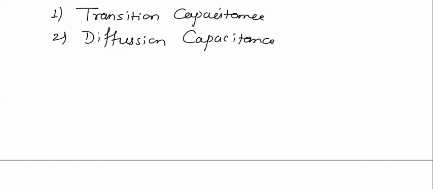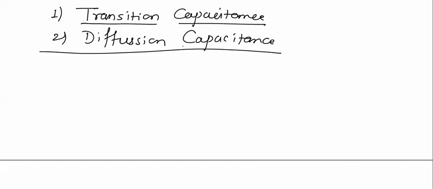Both the capacitances remain there always simultaneously in a diode, but depending on the biasing of diode, one of the capacitances dominates. First we will study about transition capacitance.